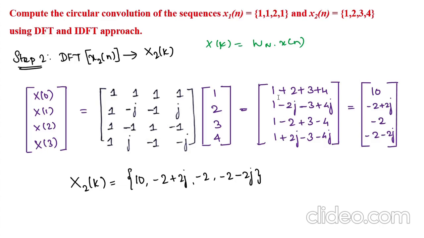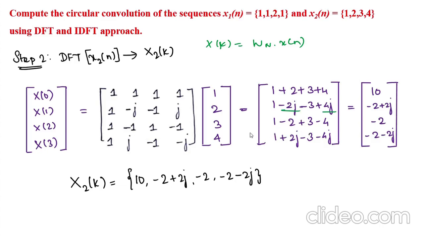Now I am going to simplify this. 1 plus 2 plus 3 plus 4 is 10. Here we deal with imaginary values and real values separately. So 1 minus 3 is minus 2, and for the imaginary part, minus 2j plus 4j gives plus 2j.